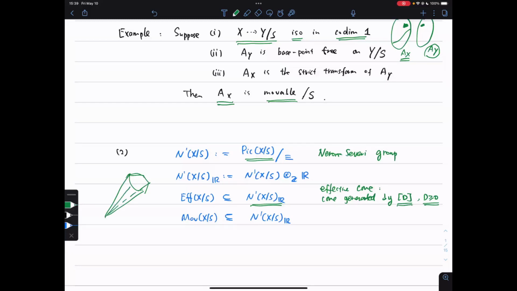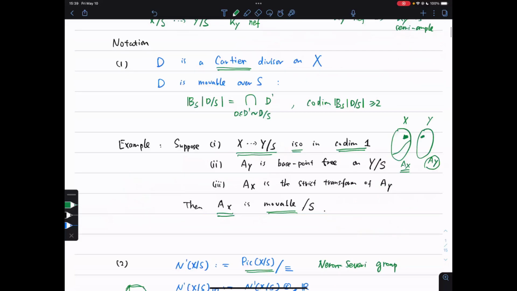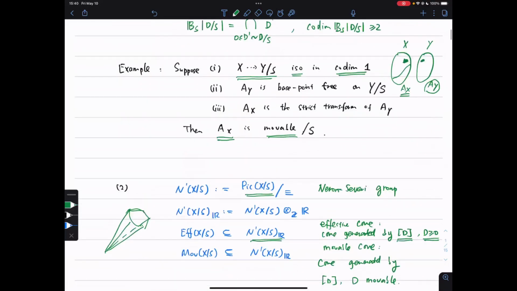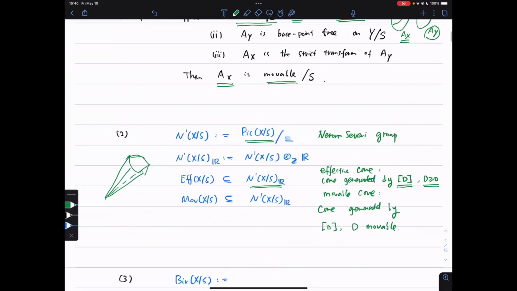All right, and next we consider the movable cone. This is a cone generated by movable divisors. So a movable divisor is what I defined here: the linear system has very small fixed part. But these cones could be very complicated.